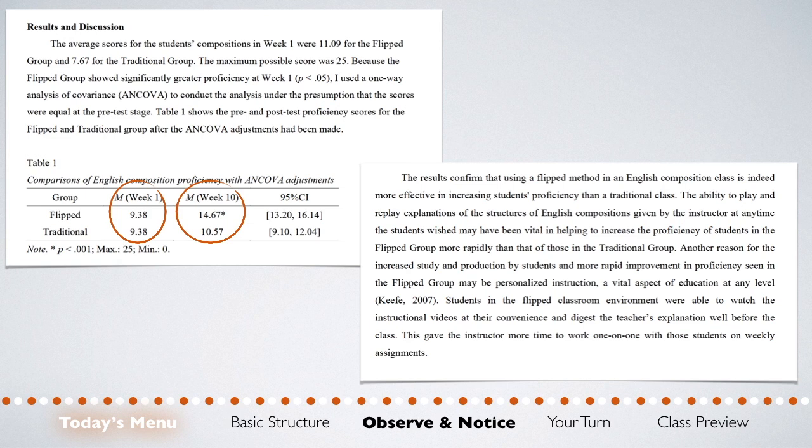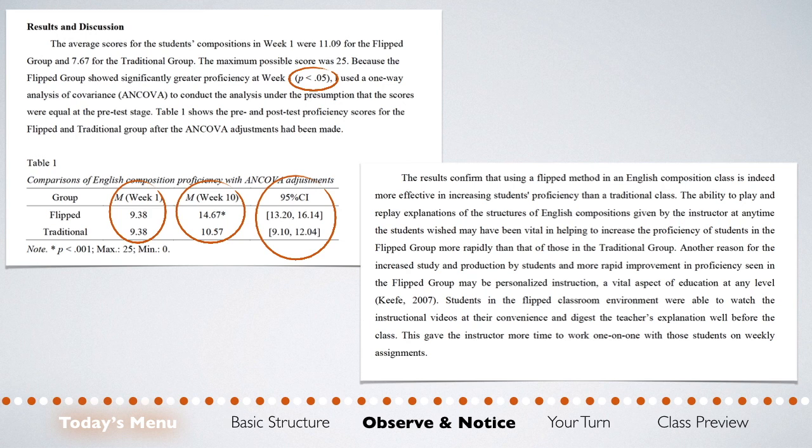For example, by seeing that P is less than 0.05, I can be confident in saying that there is in fact a large difference between the two groups at the beginning of the study. Also, the 95% confidence intervals, or 95% CI, show me that there were no overlaps of score between the two groups at the end of the study.